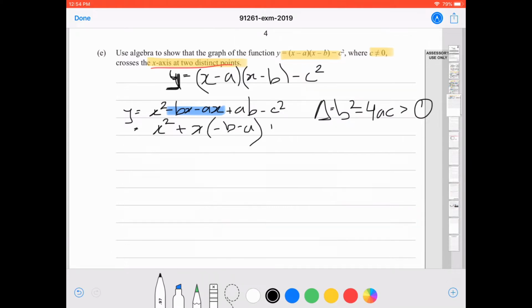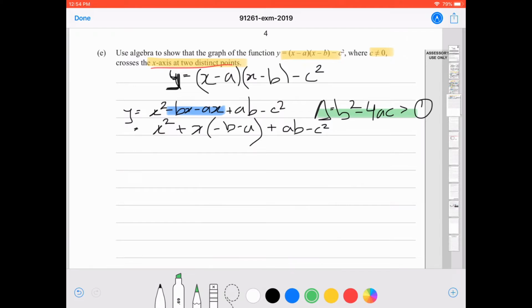And for the constant term, it actually becomes ab minus c squared. And it's important not to get confused because we're working with the variables a, b, and c, and we've said our discriminant is b squared minus 4ac. It's crucial not to get confused.